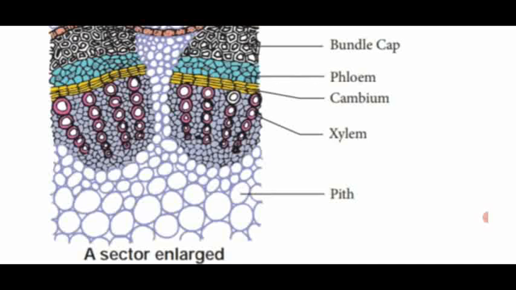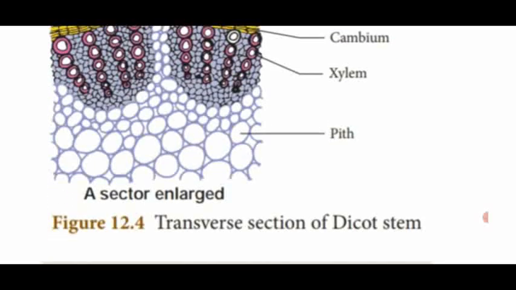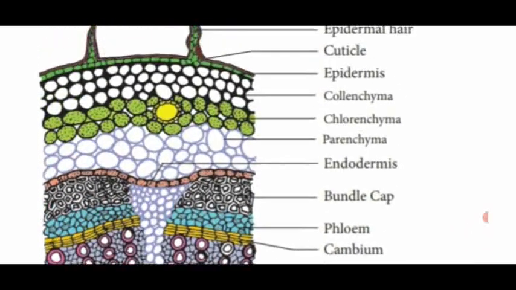At the center is the pith region made up of parenchyma with a lot of intercellular spaces, storing the food material. Around the pith region only, there is a large number of vascular bundles. So, this is the transverse section of a dicot stem.